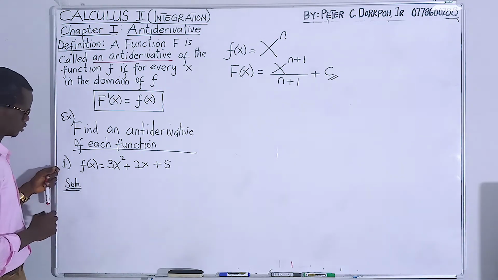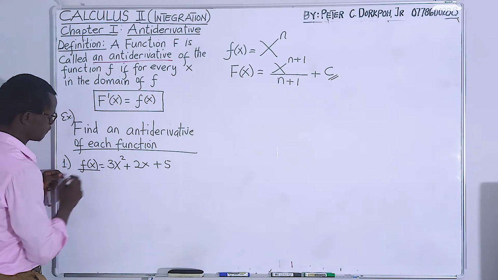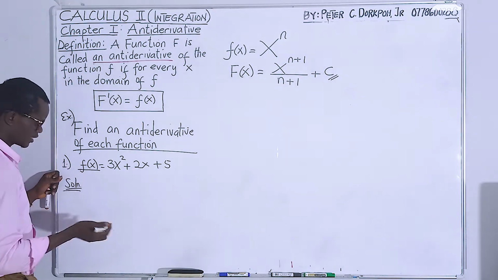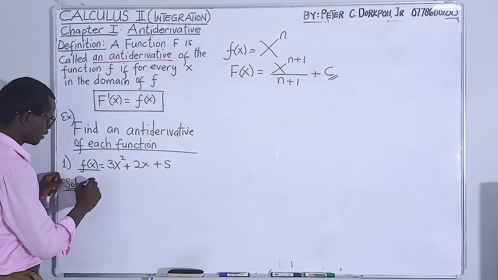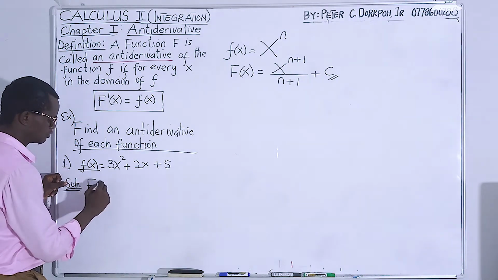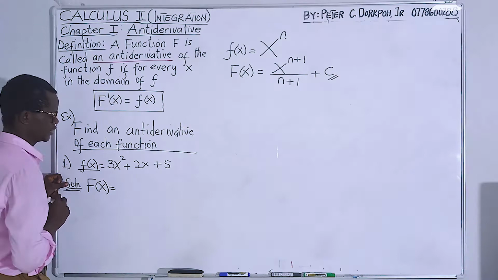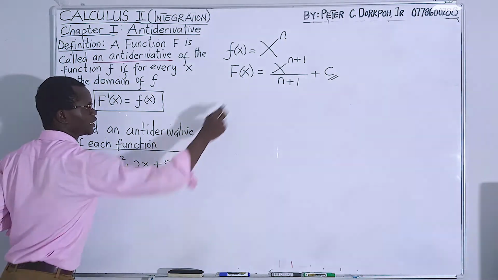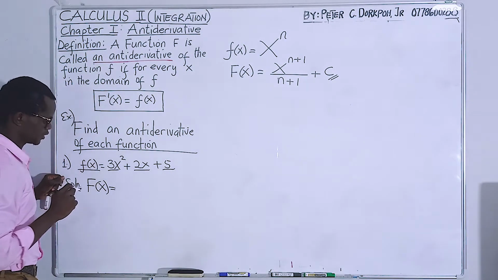The solution. Since we have small f of x, for convenience we can say capital F of x for the antiderivative. To each term we apply the property.